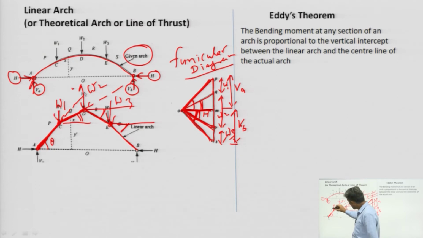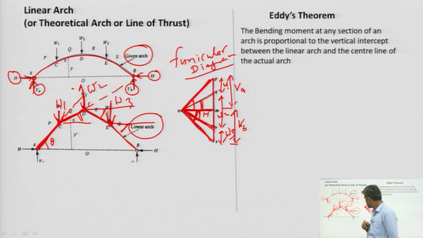Since the loads W1, W2, W3 are acting here, members AC, CD, DE and EB will be under compression, and the force within the members can be calculated taking a free body diagram at the joints C, D, E and B. So, this is the linear arch for this particular given arch.